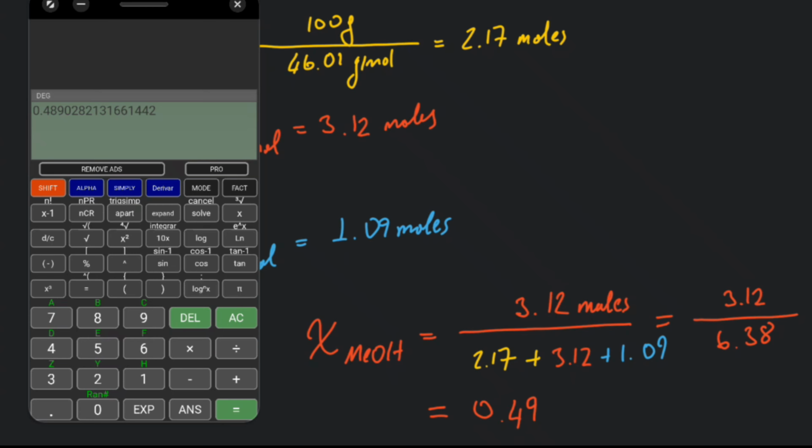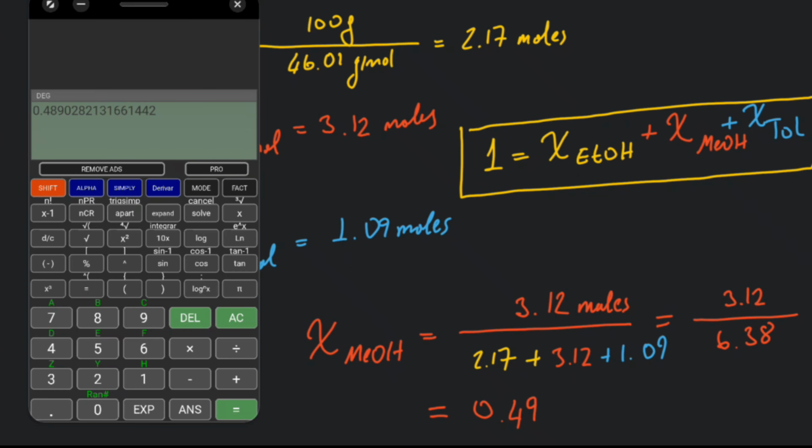It is just a number between 0 and 1. By the way, if you want to check yourself, all the mole fractions, for instance, in our example, ethanol plus methanol plus toluene should be 1.